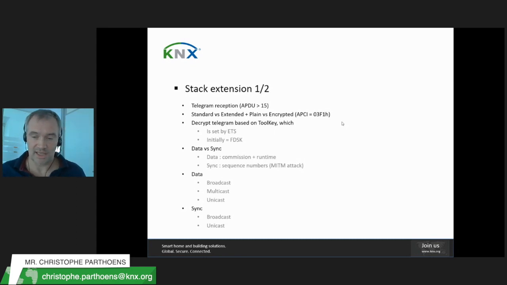Initially it's the FDSK, the default key, if you want, which right after the first handshake with ETS, ETS will override by a secret key. And right after that first handshake with ETS, the device is supposed to use that secret key for any encryption that follows.